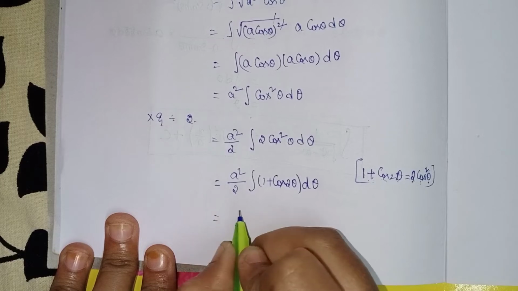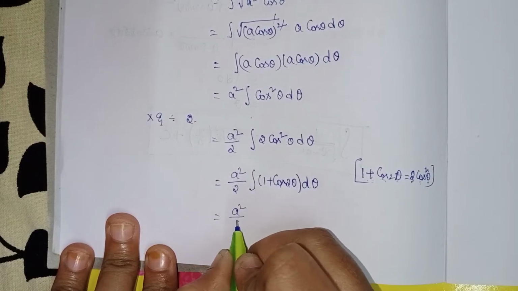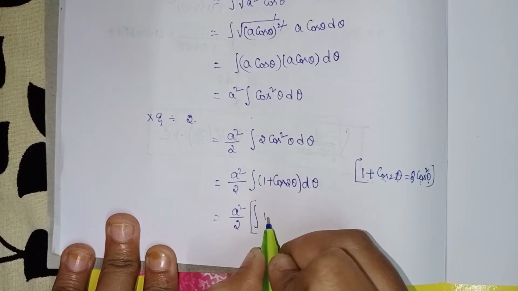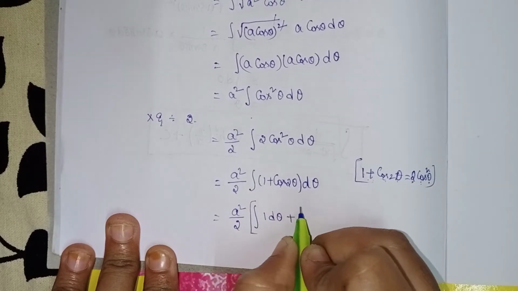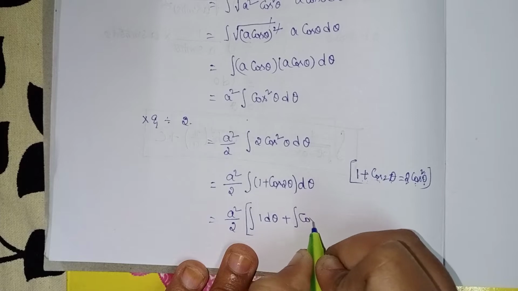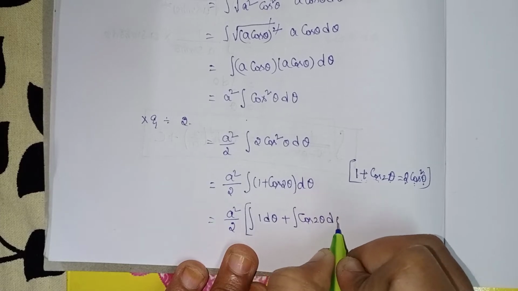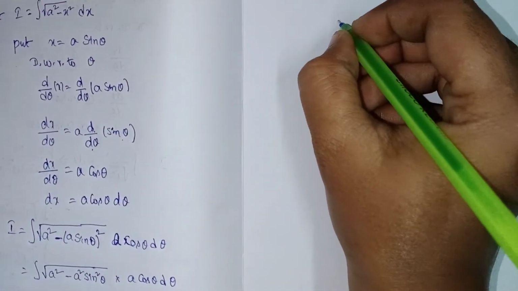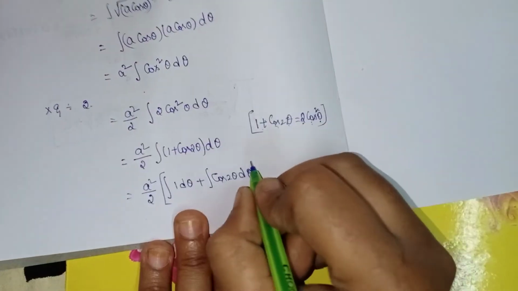Now you can write the integrals separately: the integral of 1 into d theta plus the integral of cos 2 theta d theta. Close the bracket.